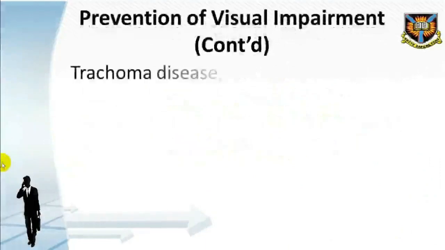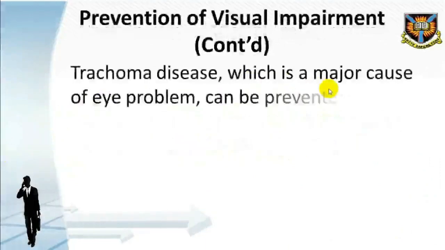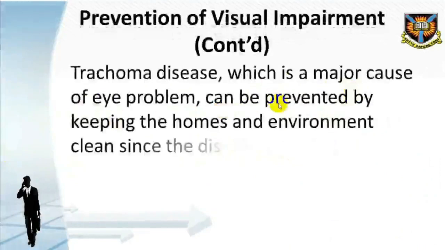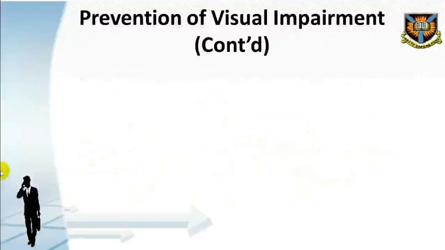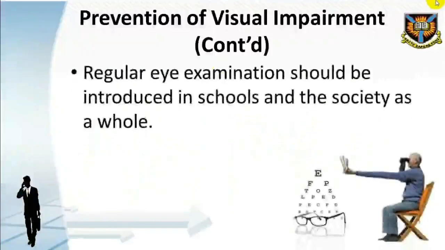3. Trachoma disease, which is a major cause of eye problems, can be prevented by keeping the homes and environments clean, since the disease thrives best in a dirty and overcrowded environment. 4. Regular eye examination should be introduced in schools and the society on the whole. 5.